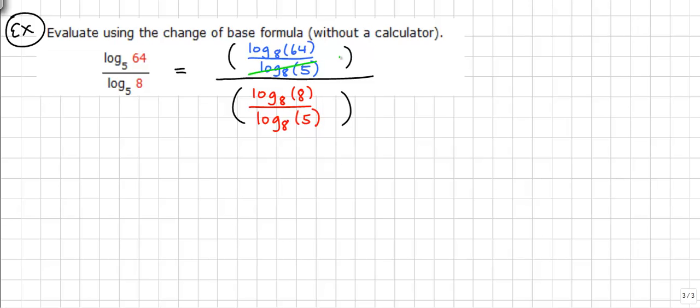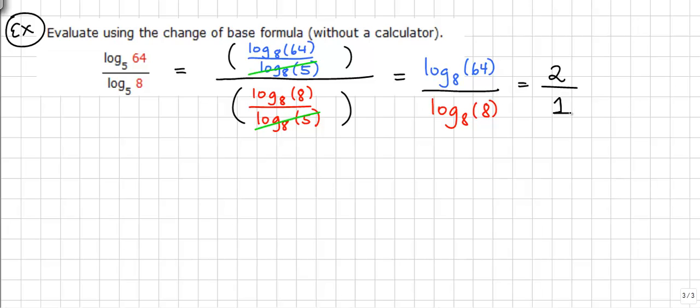Your algebra rules support that these two cancel each other out. And you're left with the quotient log base 8 of 64 divided by log base 8 of 8, and we can calculate these without a calculator because we know that 8 squared is 64 and 8 to the first is 8. So it's a different look at the change of base formula.